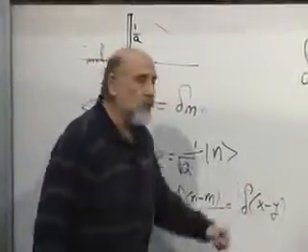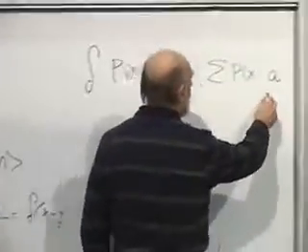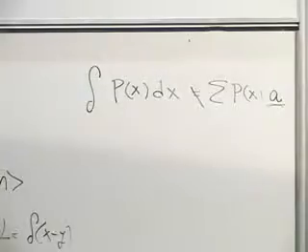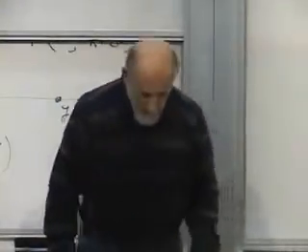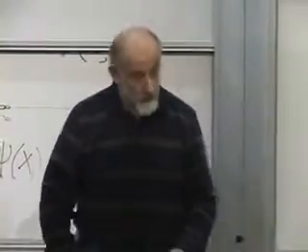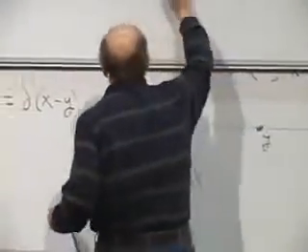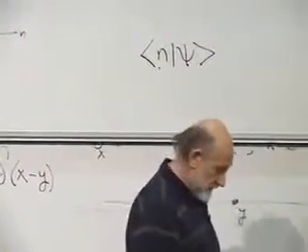It's just a nice tool for eliminating lots of dependence on this small variable a. Okay. So that's the particle on a line, or the wave function for a particle on a line. The wave function is a probability amplitude, and it plays the same role as psi n in discrete quantum mechanics.